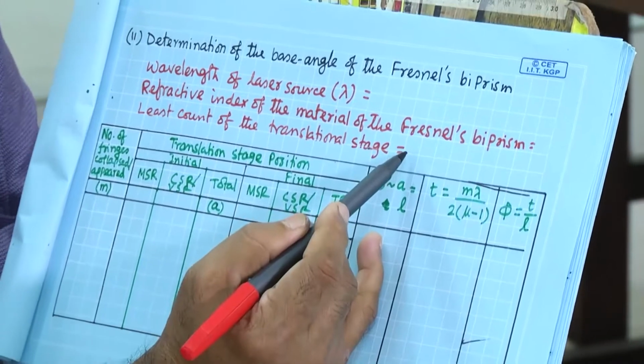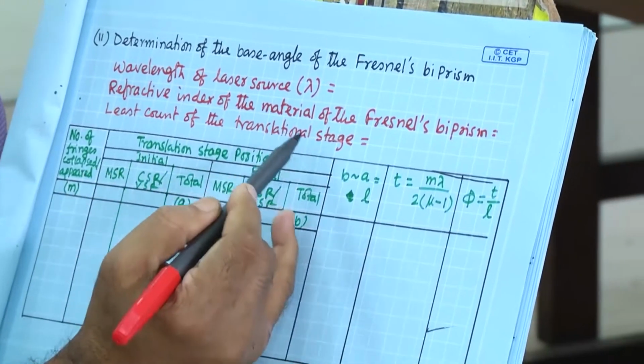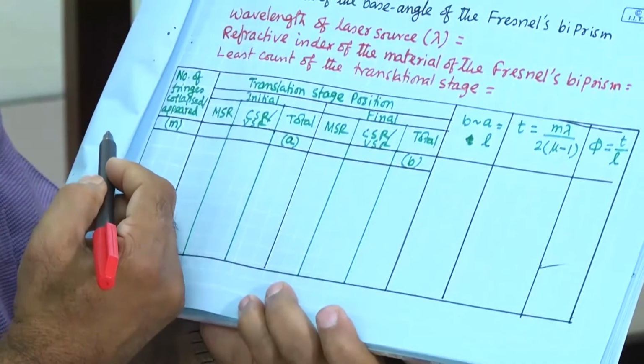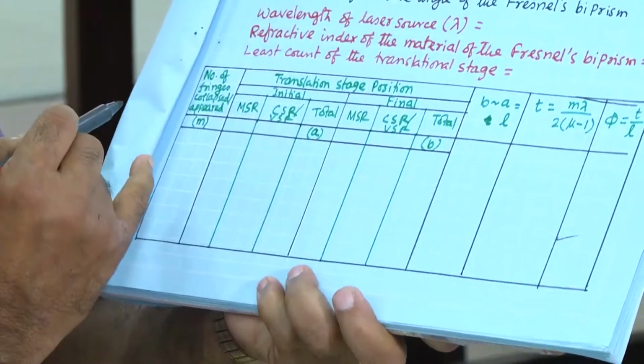So, the least count of that translation stage we will note down. Okay. Then we will start the experiment.